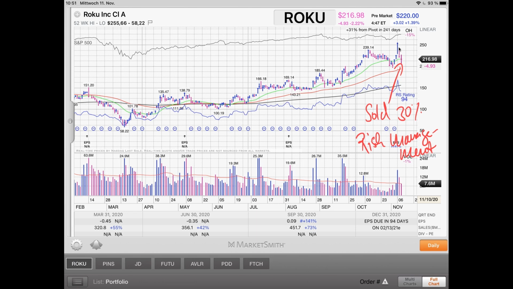And I also reduced other positions on that day, so it was a very weak day for growth stocks in general. But you can see that the price held this EMA 21 level here, so a good sign. And maybe I will add to the position again at a later point when the stock will break out to new highs or show another pivot point. But we will come to this later when we look at the live stock.